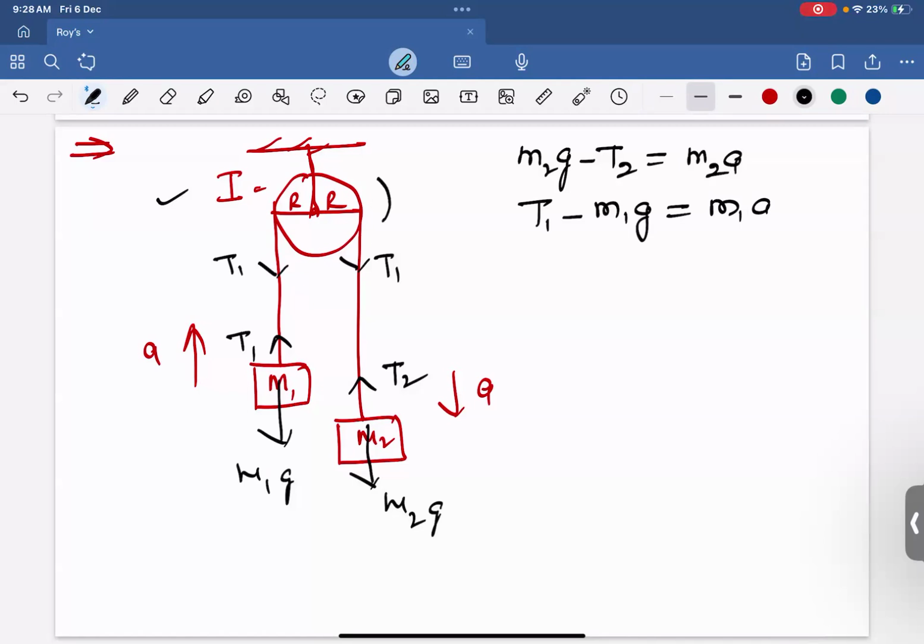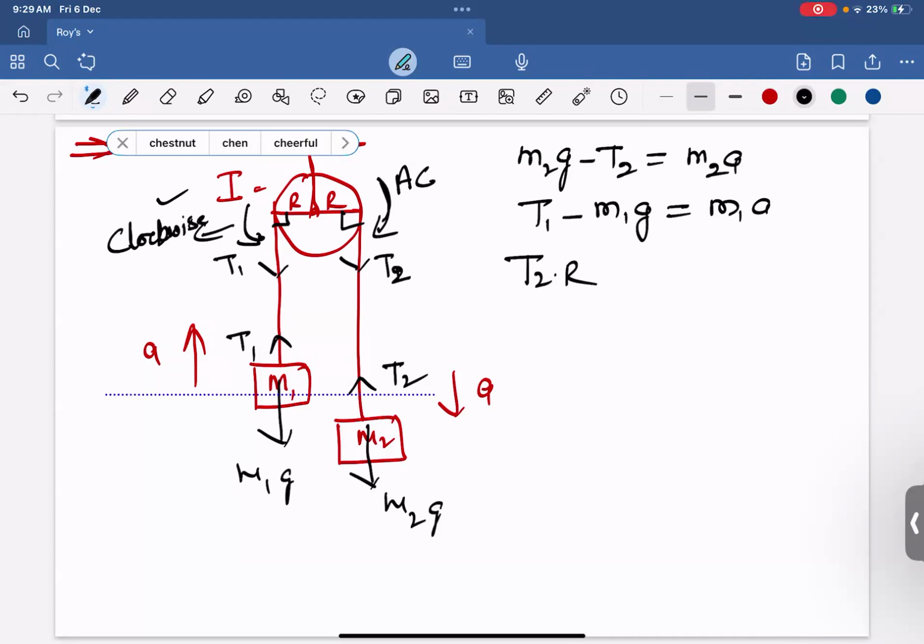This T2 is trying to rotate it in a clockwise manner, and this torque is T2 multiplied by R. But this T1 is pulling it the other way, trying to rotate anti-clockwise. So you have to subtract both torques to find the net torque because they are in opposite directions. So this will be minus T1 into R, and net torque equals moment of inertia into alpha.